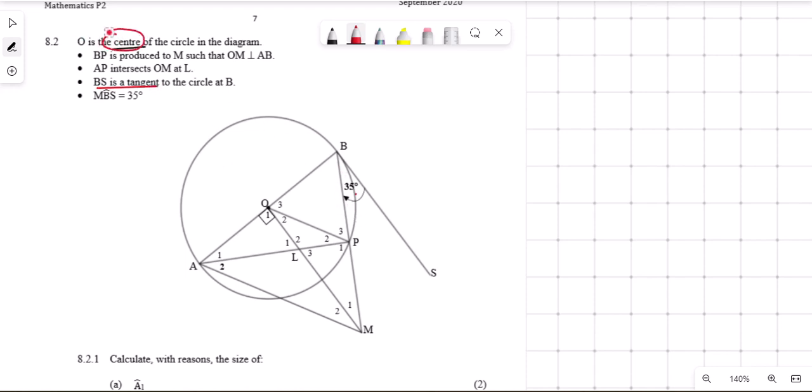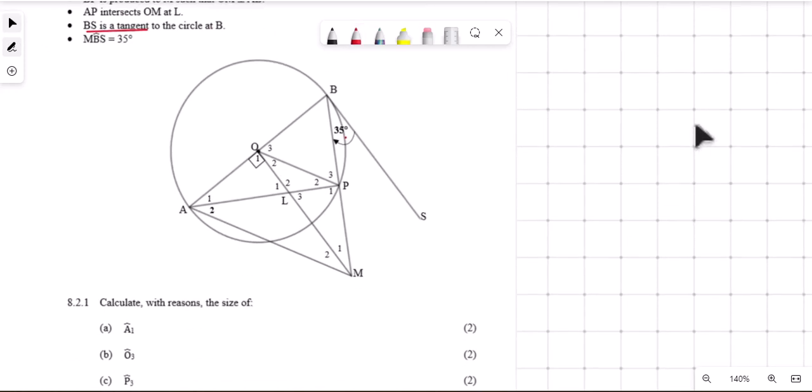Center is telling me theorem 1, 2, 3 is possible in this case. Then when they say cyclic quad, they are telling me that theorem 4, 5, 6 is possible here. So you can look for a bow tie here, you won't find it because they didn't talk about cyclic quad. So these words are telling us the answer.